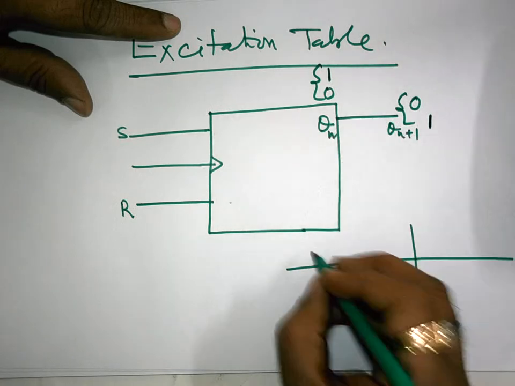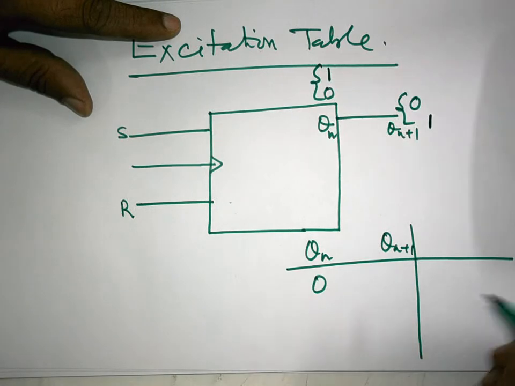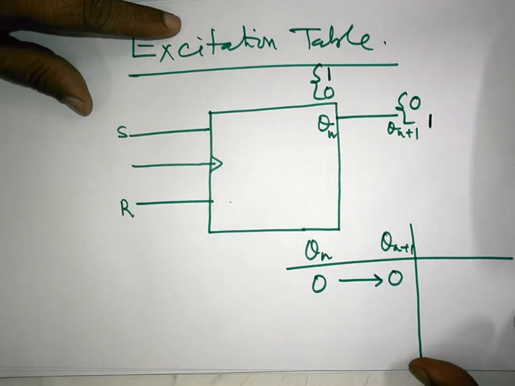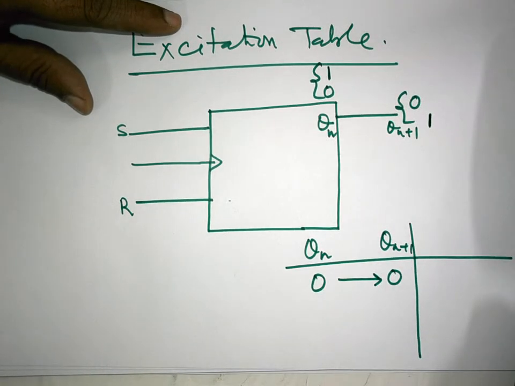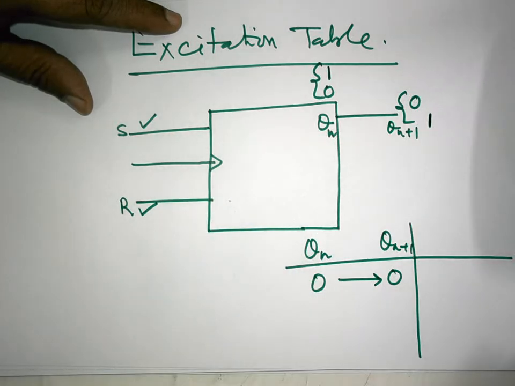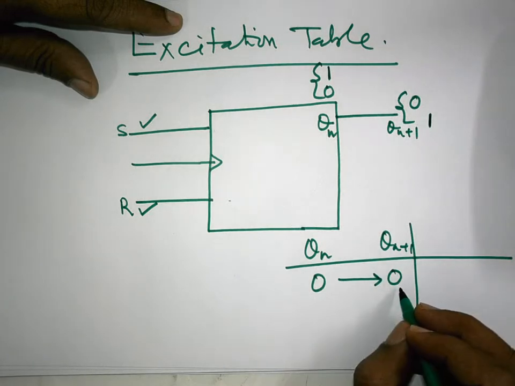Okay. Suppose present state was 0, and we wish to make it 0 in the next state also. What should be the input applied to fulfill this condition? What should be the input which should be applied, which will guarantee this transition at the output?